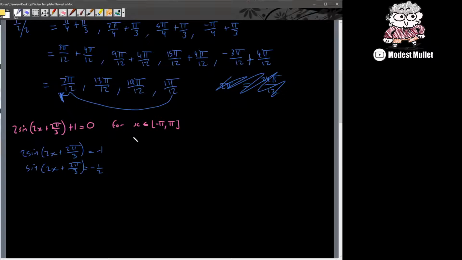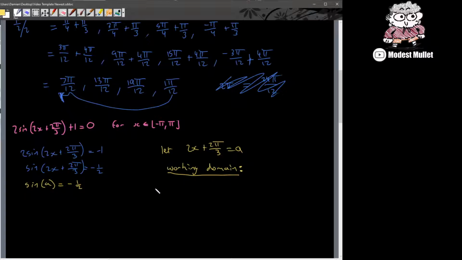From there, we will now let 2x plus 2 pi on 3 equal to a. So we now get sine of a is equal to negative half. Now we just need to find our working domain. So we substitute our original domain, which in this case was negative pi to pi, into our conversion equation.